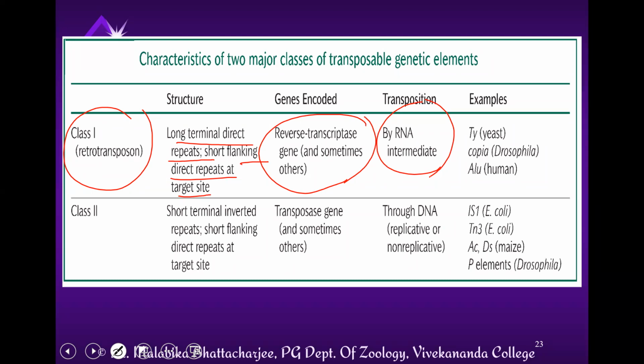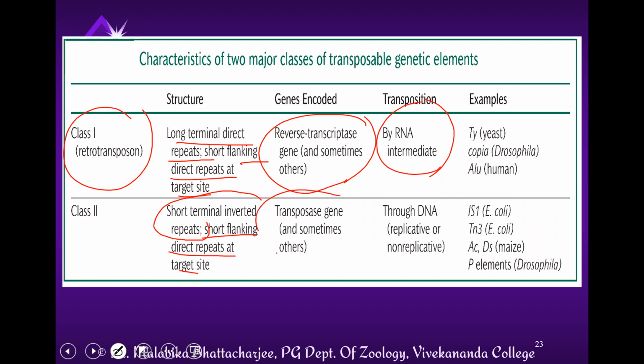When we look into the class 2 category of transposable genetic elements, they include the DNA elements that can move. So the DNA elements are bordered by the short terminal inverted repeats, and then they have short flanking direct repeats. So there's a direct repeat, the inverted repeat, and the in-between DNA sequence.